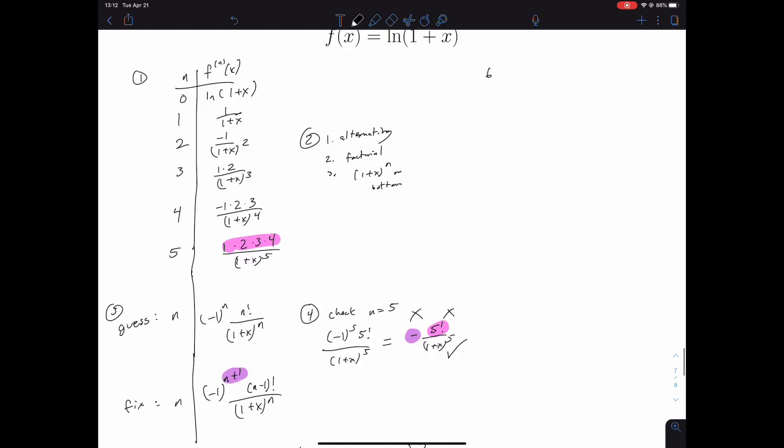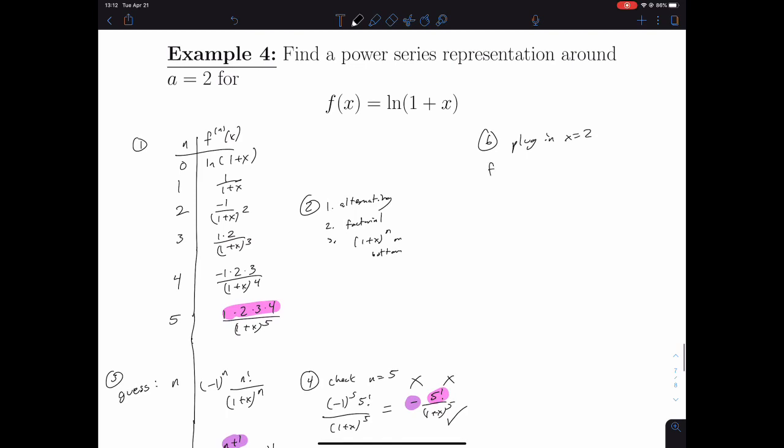The sixth step is plug in x equals 2. So I'll need f of 2 because it's off on its own. That's why I haven't done it before. So f of 2 is ln of 1 plus 2, which is natural log of 3.